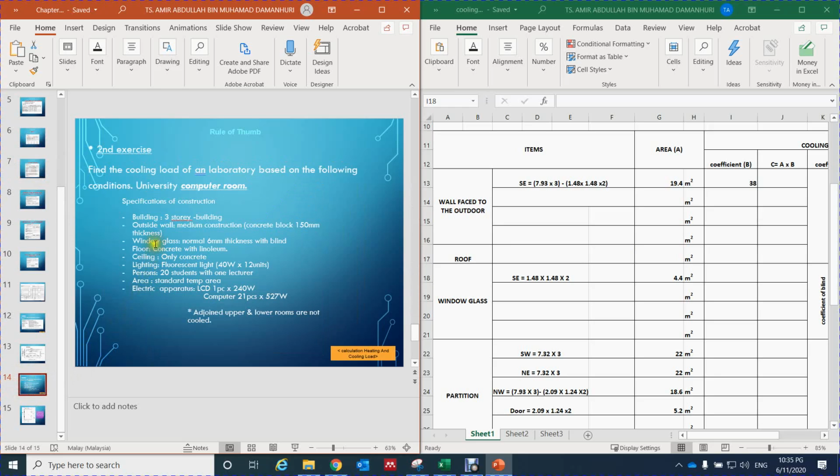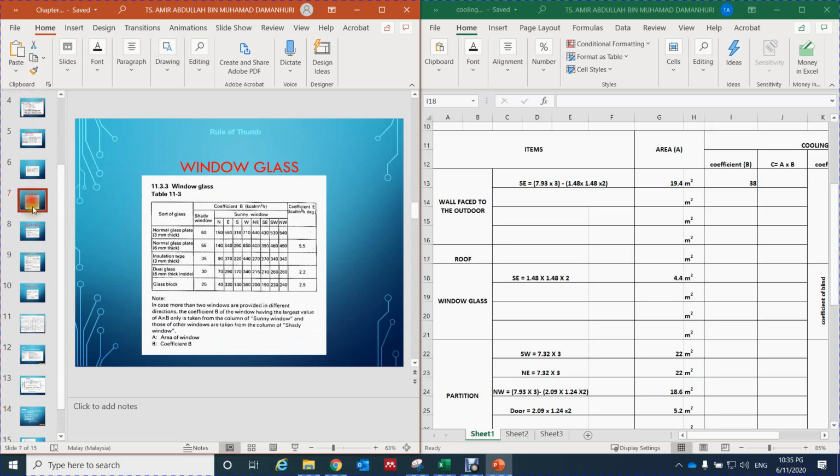Let's look into the specification of the building. The window glass is normal 6 mm thickness with blind here. So the coefficient B here is for normal glass plate 6 mm thickness, and it is located in the southeast here.